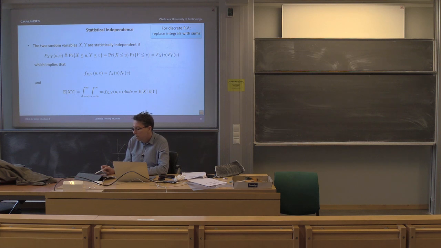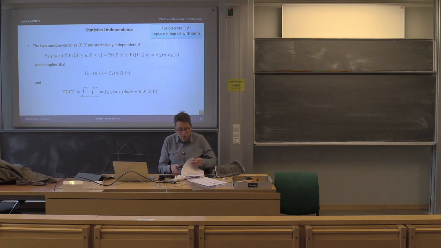Another way to say that is that if we have the joint PDF, then it factorizes as the product of two marginal PDFs here. And then we can form the expected value of x times y, and it turns out to be the product of the expected values. So these are things from independence. Again, these are not terribly difficult to prove.